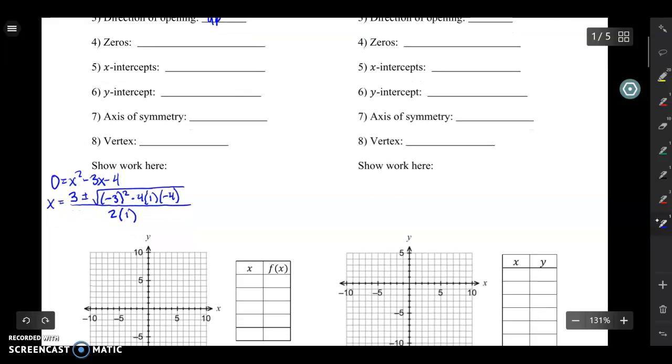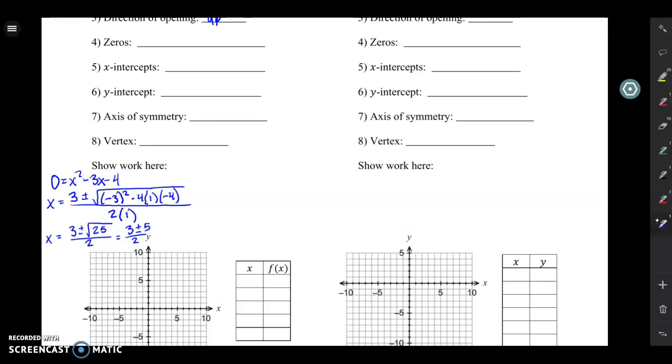Now I'm going to go ahead and simplify, and this simplifying might be too fast for you, so you might need to put a few extra steps in here. But once I simplify the square root, I'm going to get 9 plus 16, so it's going to be square root of 25 over 2. Then I can take the square root of 25 and rewrite that as 5 because the square root of 25 is 5.